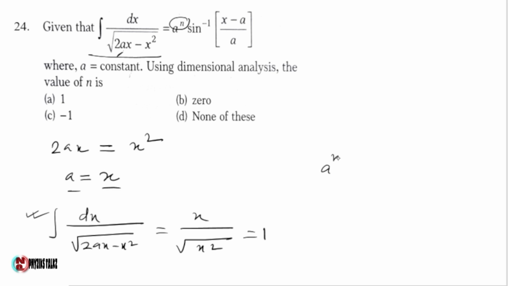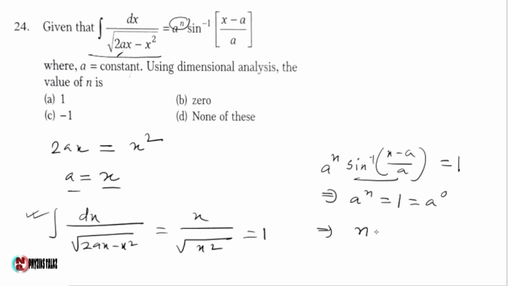So a to the power n sin inverse of (x minus a) by a is dimensionless quantity. Now we know the sine functions are dimensionless, so a to the power n equals 1, or this gives a to the power 0, so n equals 0. So the value of n is 0. So the correct option is option B.